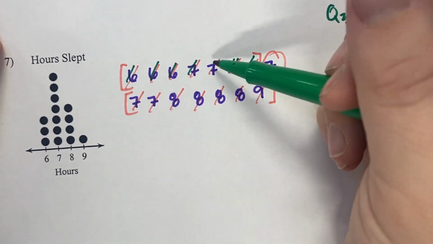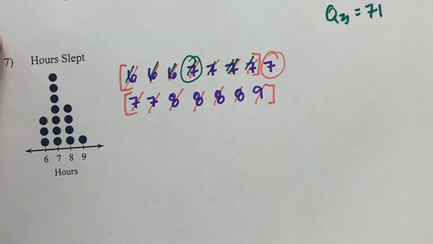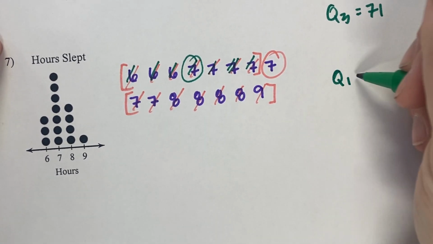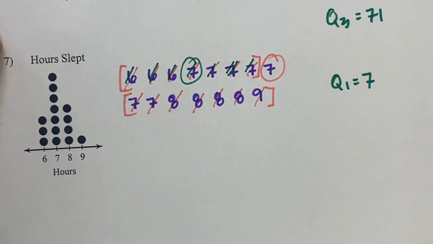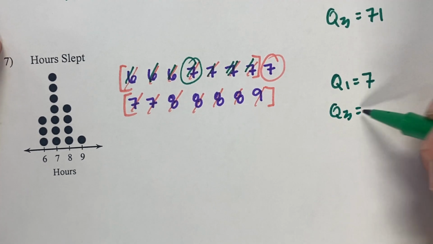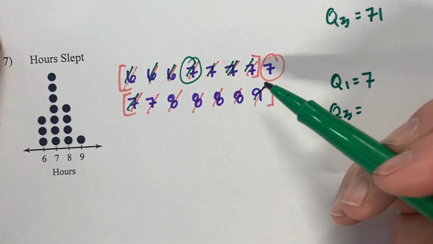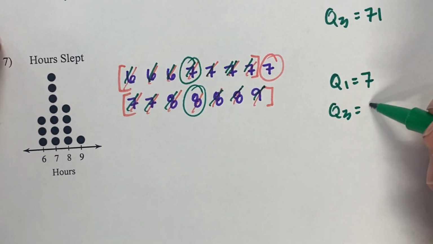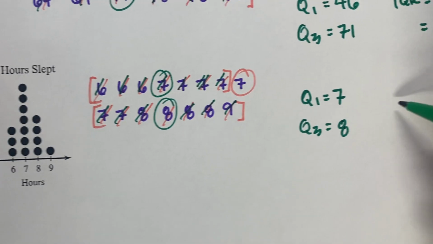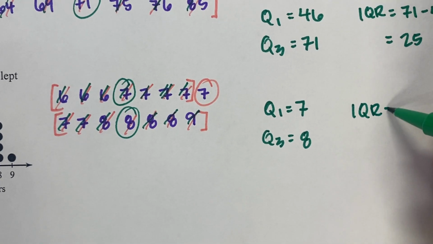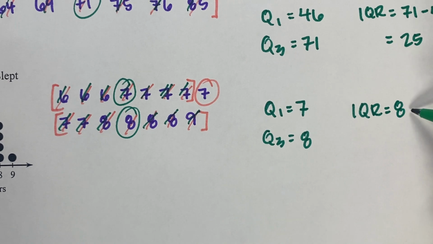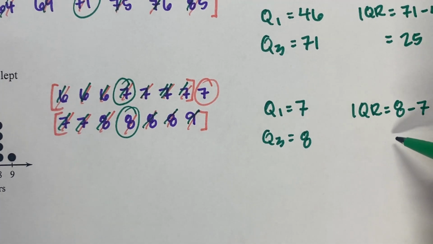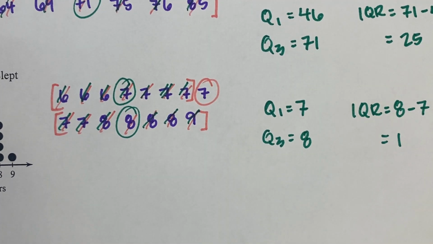Whoa, did I do that wrong? Yes, I did. It's that guy right there. So Q1 equals 7. And then our Q3, our upper quartile, is 8. Okay, IQR, take your upper quartile, 8, subtract your lower quartile, 7, so we get an IQR of 1.